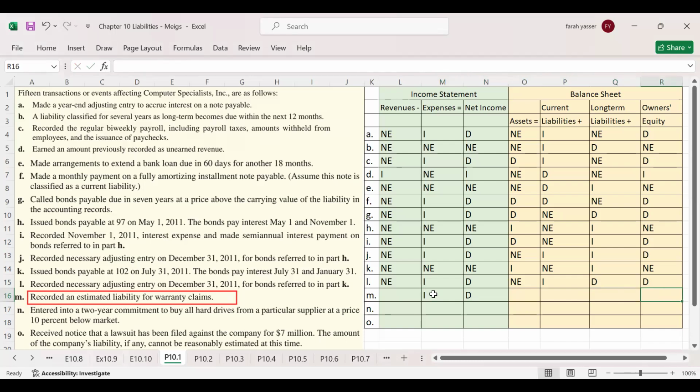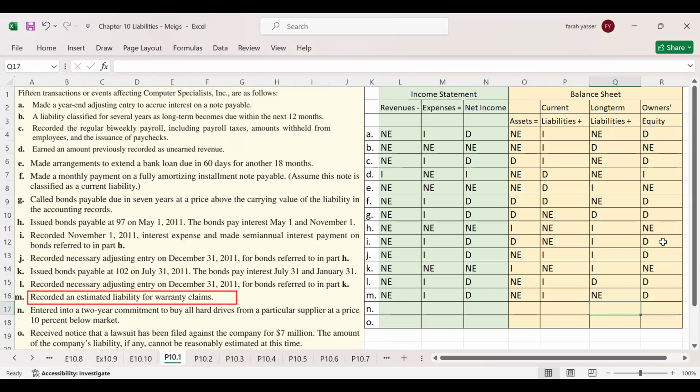Then again, the same impact on owner's equity, which will also be decreased. Warranty claims are an estimated warranty liability. So this liability is a current liability payable within one accounting period. So this liability will be increased. There is no impact on revenues or assets or long-term liabilities.